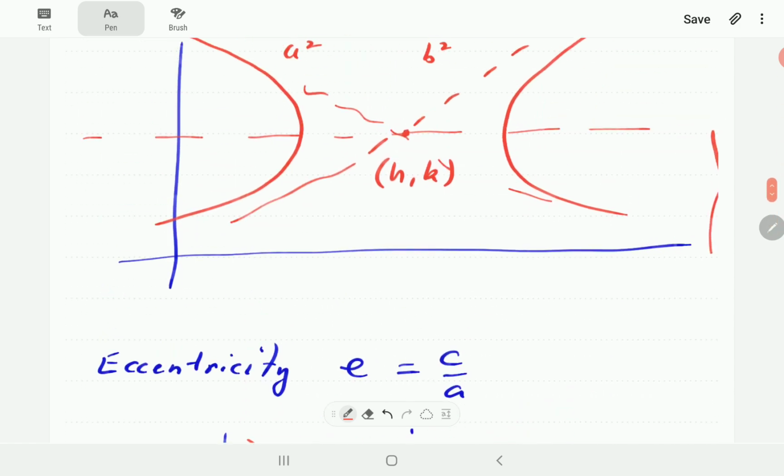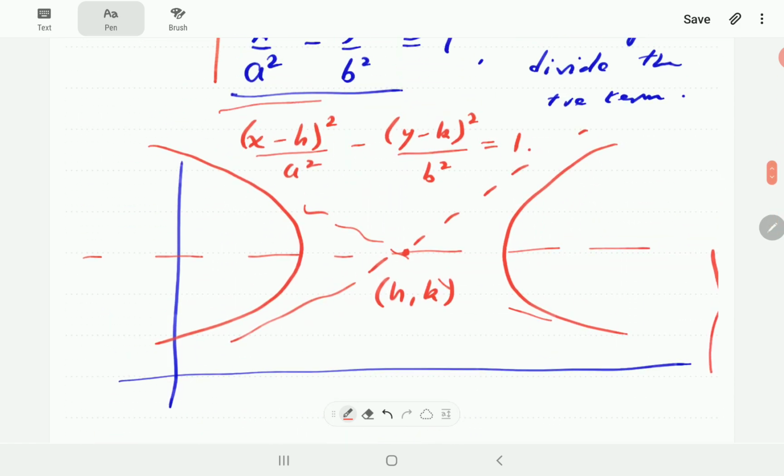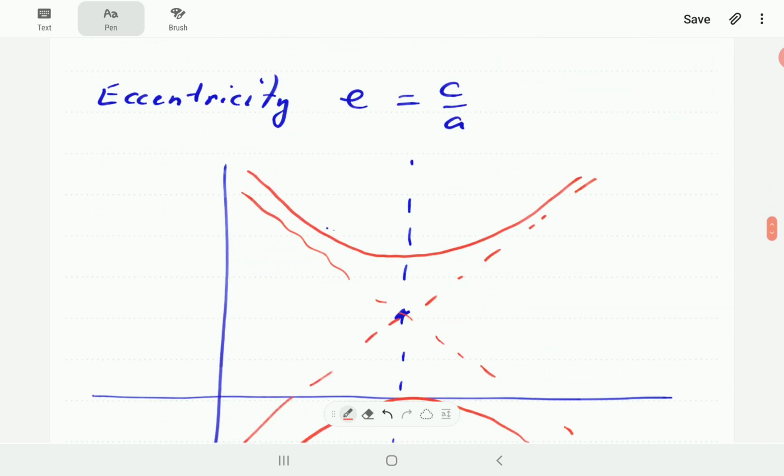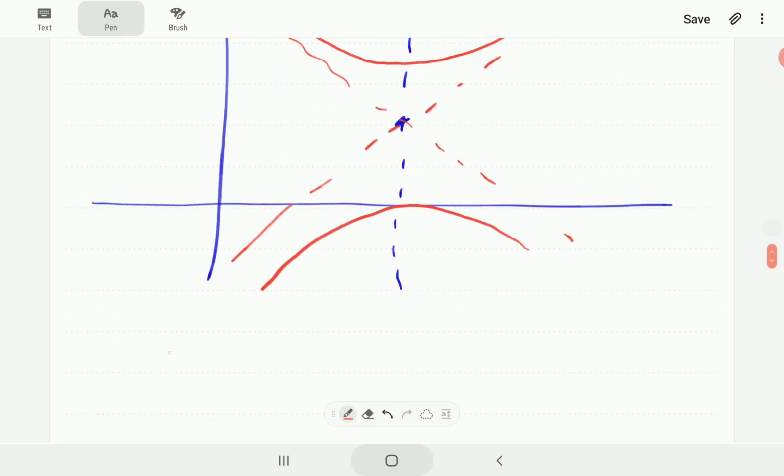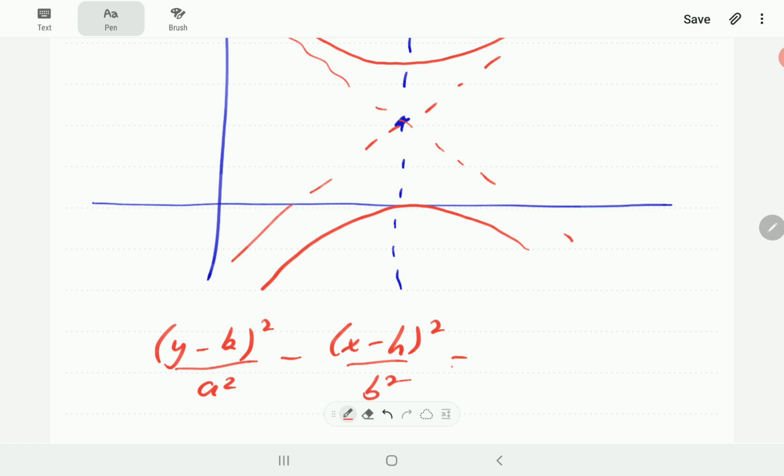What's going to happen in this equation is the x and the y terms are going to trade places. So this one is going to be (y minus k) squared over a squared, minus (x minus h) squared over b squared.